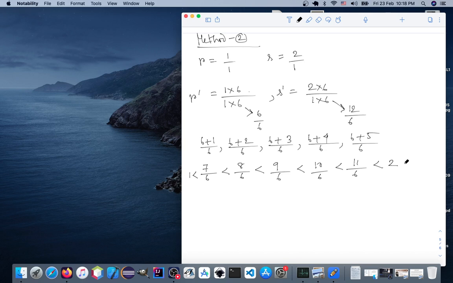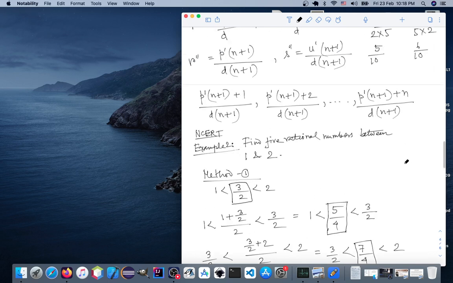So this is the way we find 5 rational numbers between R and S. Here R was given as 1 and S was given as 2, so the denominator of both was 1. So what was method 2?